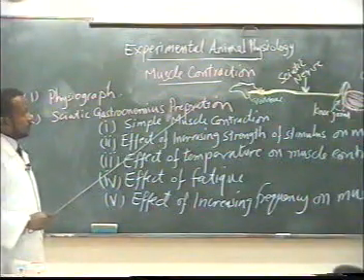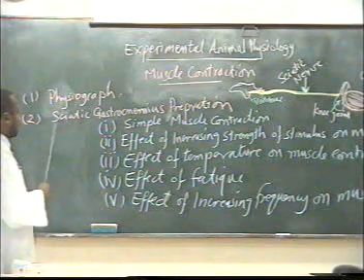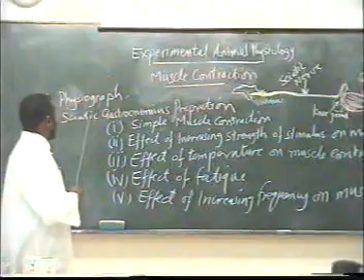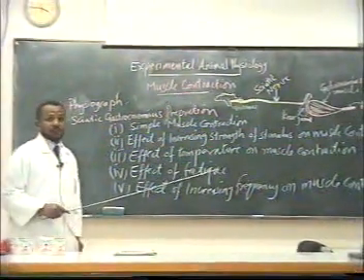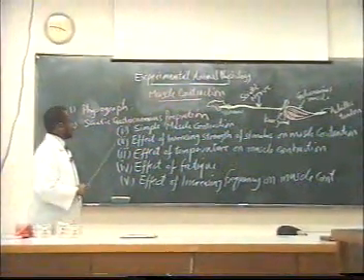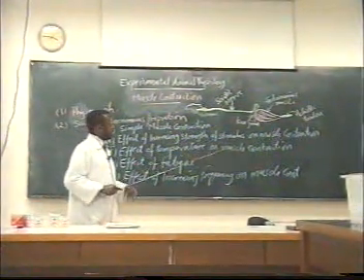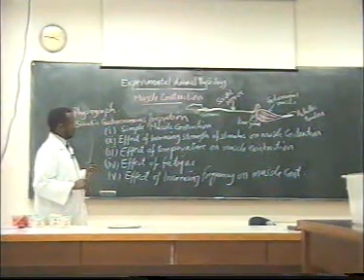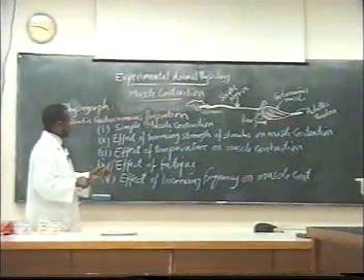Whenever you talk about muscle contraction, we are supposed to explain the device used for demonstrating a variety of physiological phenomena, which is the physiograph, and also the experimental animal used for demonstrating different muscle contractions and their applications.